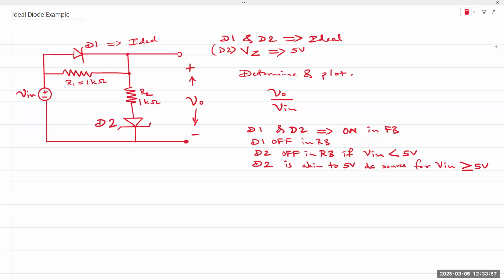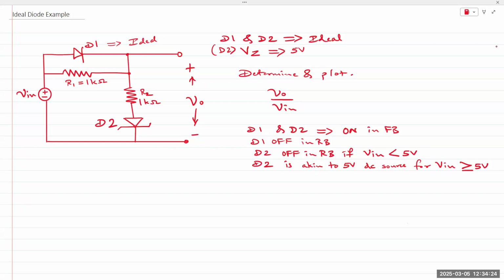The question being asked is whether forward bias is the positive. That depends on the circuit configuration. This is just in general or overall principles, because this is true no matter what the circuit is. If a diode is forward bias, it's on. If the diode is reverse bias, it's off. For this particular circuit, D1 and D2 are on in the forward bias. We haven't yet determined when they are forward and reverse bias. That is in the next step.